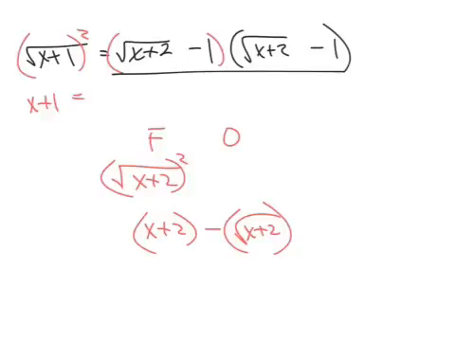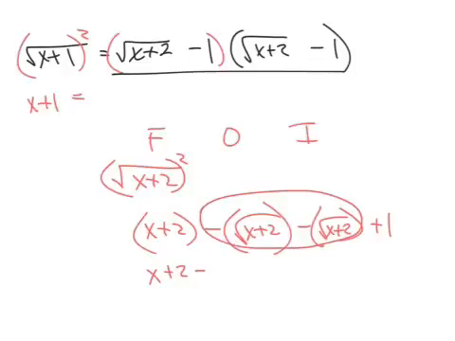Alright, inside is going to be these two multiplied, which again is the same thing, minus. And then lastly, negative 1 times negative 1 is positive 1. So we have x plus 2 minus, right, if that's a 1 there, and that's a 1 there, it would be minus 2 square root of x plus 2.